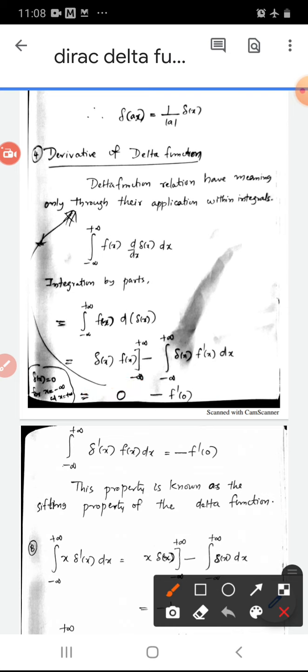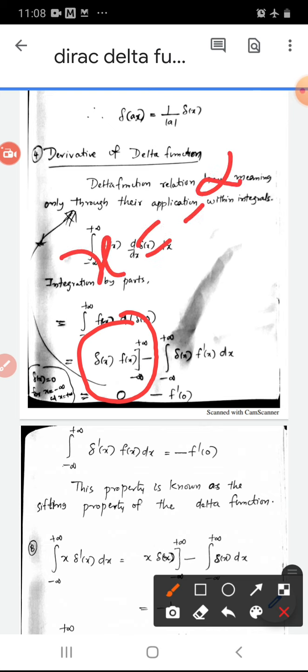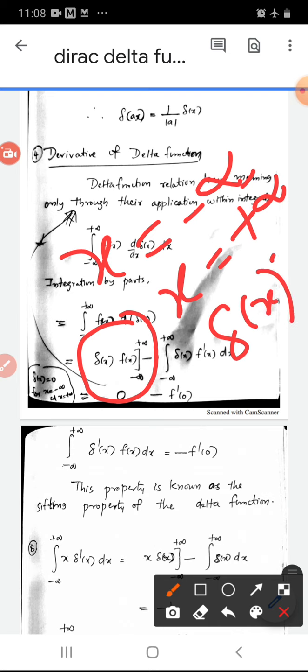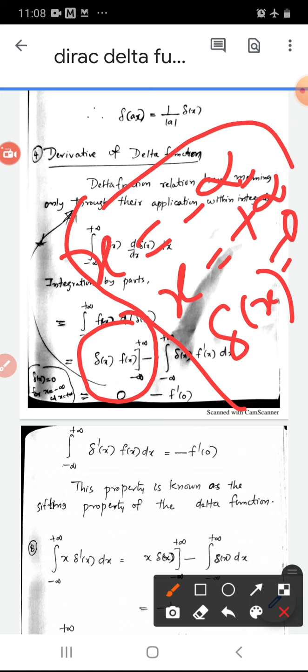Now this term is 0 because when you apply the limits, at x equal to minus infinity and x equal to plus infinity, delta x is equal to 0. We know this. At x equal to minus infinity and x equal to plus infinity, delta x equal to 0.